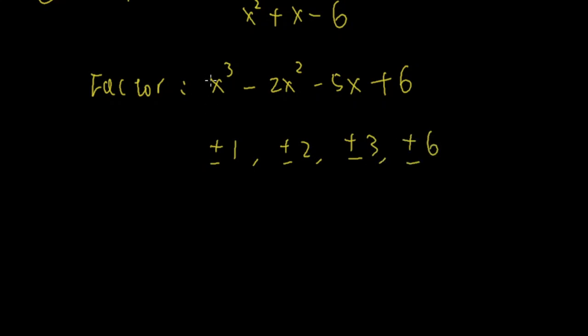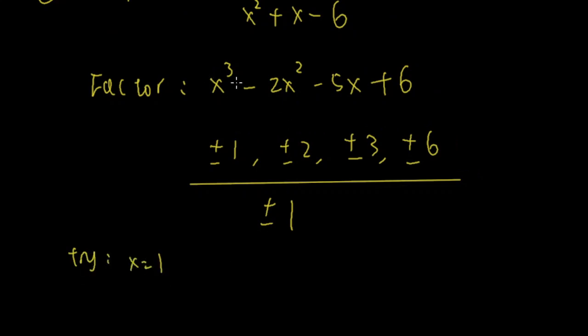Divide by the divisors of 1, the leading coefficient, which is plus or minus 1. Let's try 1 divided by 1, which is positive 1. So let's try x equal to 1 and see if we can make this equal to 0. If it does, that means x equal to 1 is a root.